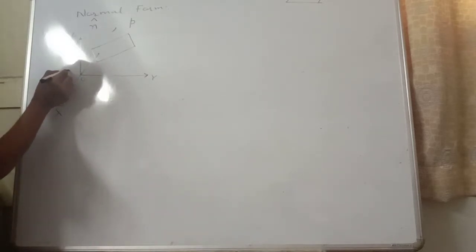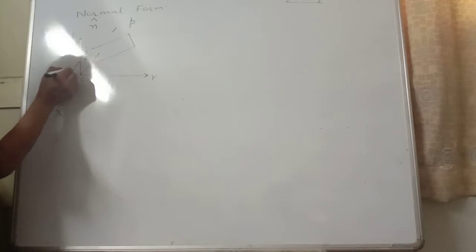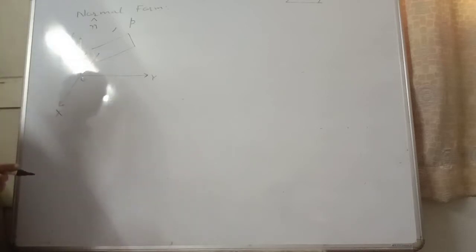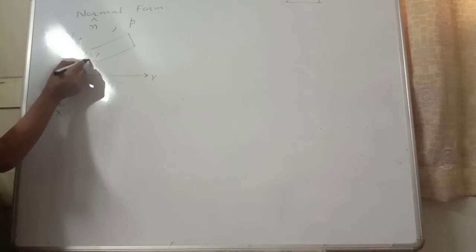The perpendicular distance of the plane from the origin is p, and n cap is a vector normal to the plane.